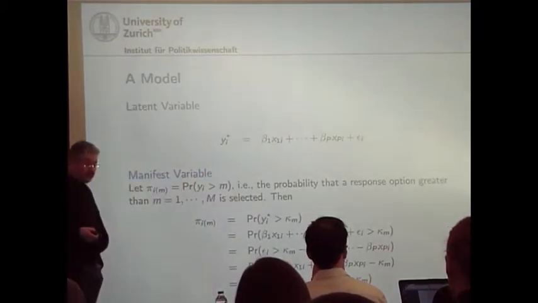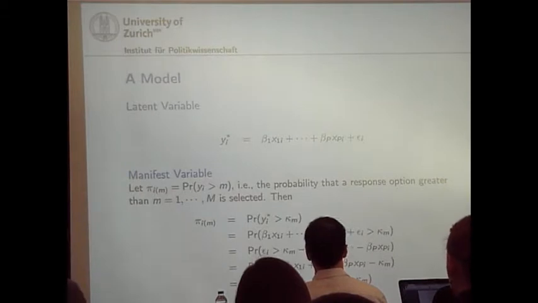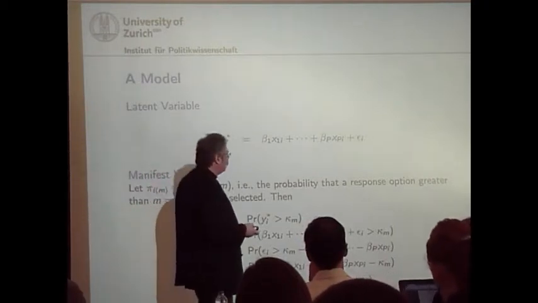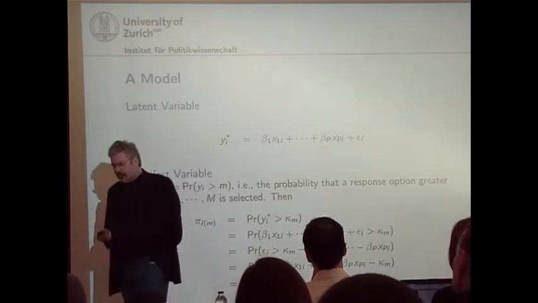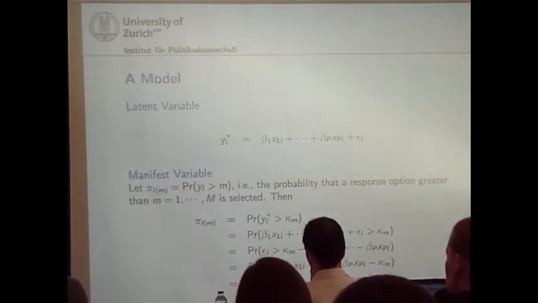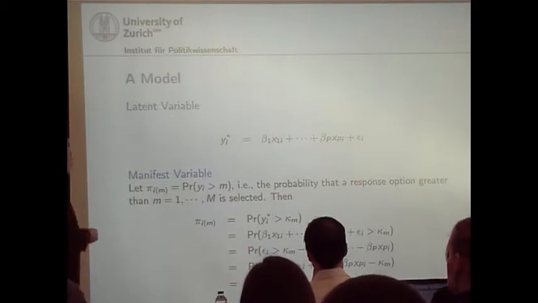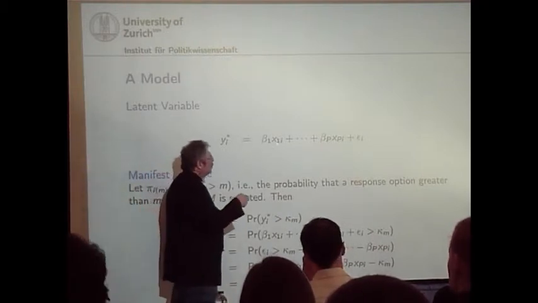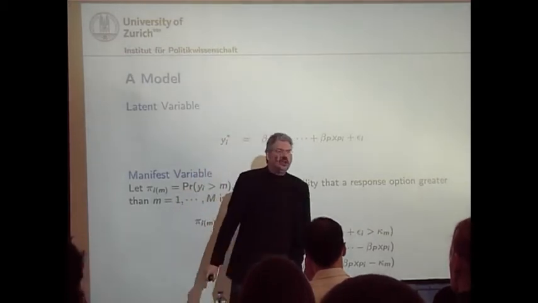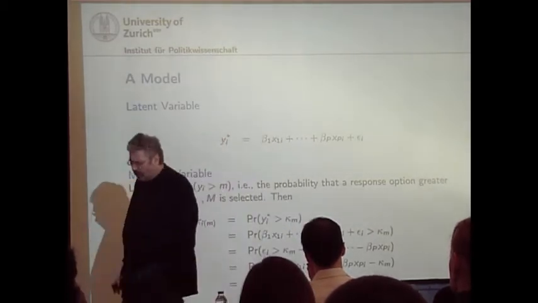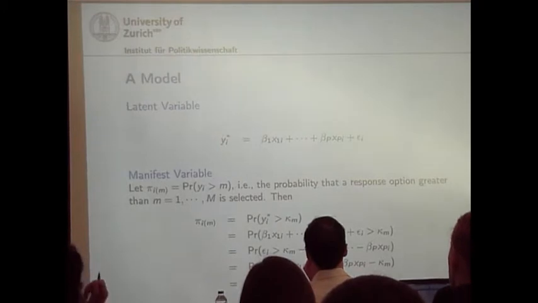So that's the setup. Now we're going to say a little bit more about this y star, because we may have some ideas about why people in their attitudes believe Labour makes their life better. And those ideas we can capture in predictors. The ones that I'm going to look at in this example are three.